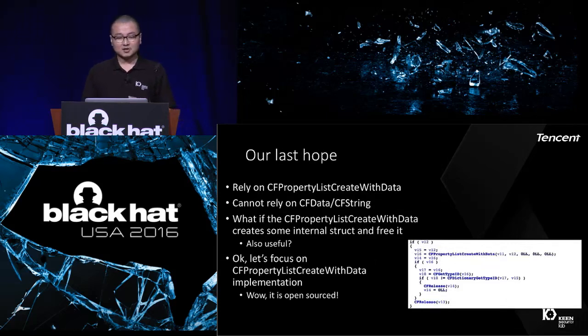So our last hope is the process itself of the deserialize. So you can try to audit this function, and maybe in this function there is some internal struct which is created and then freed immediately. So for this kind of operation, it is also useful because we don't rely on the persistent data, but just some temp data is okay.